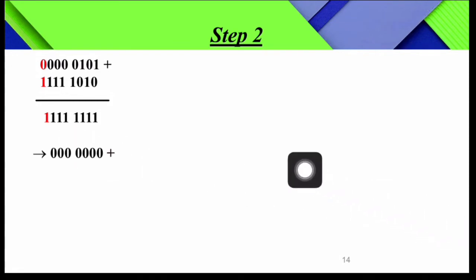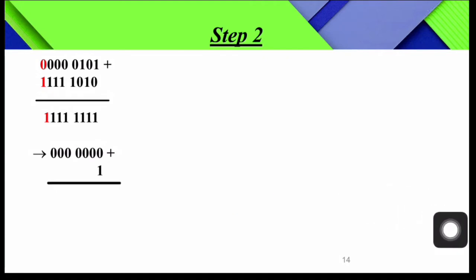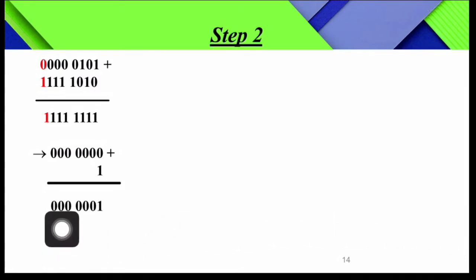First we replace all ones here with 0 and we get the ones complement as 0000000. Then we add 1 to the ones complement and get the result as 0000001. Now can anyone tell me the decimal number corresponding to this 7-bit binary? It is nothing but 1. Then finally appending the sign bit, we get the result of addition as -1.